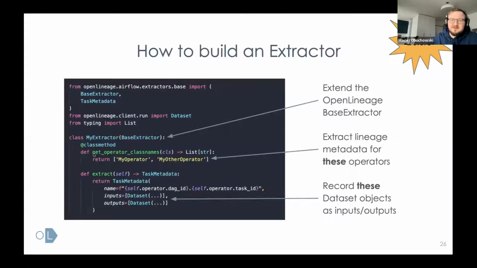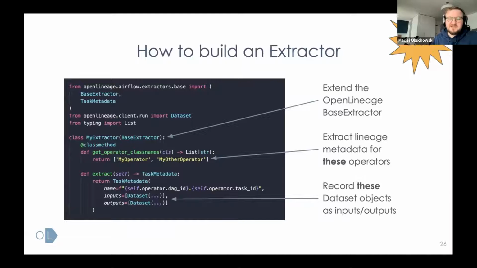They give us names of the supported operators, because sometimes the same extractor can be used for multiple operators. And then they have a method that gets called on init.